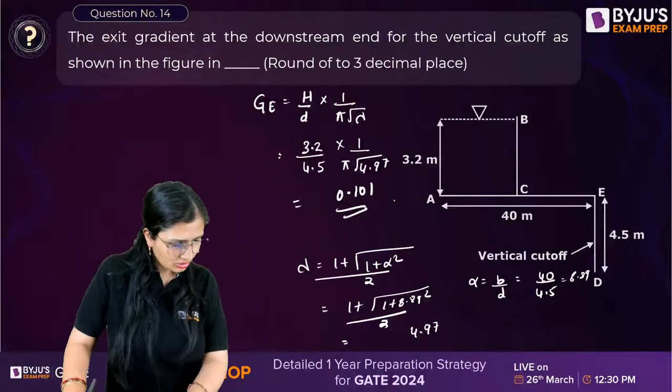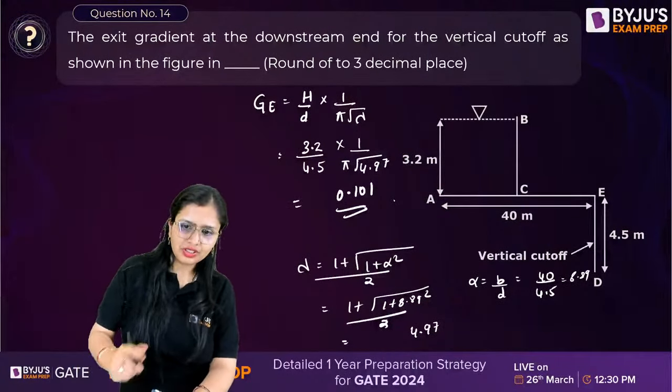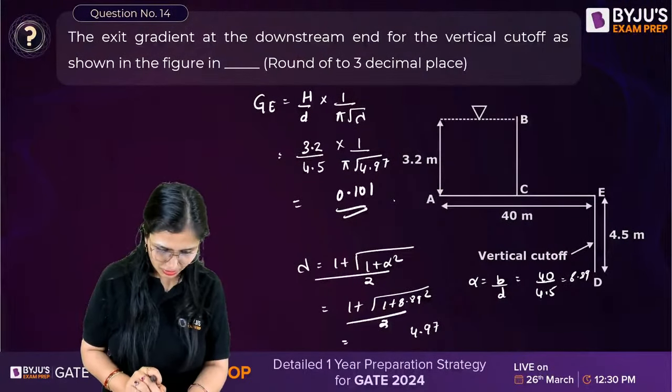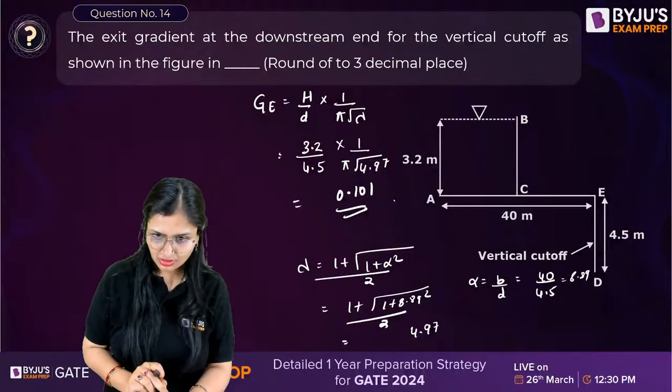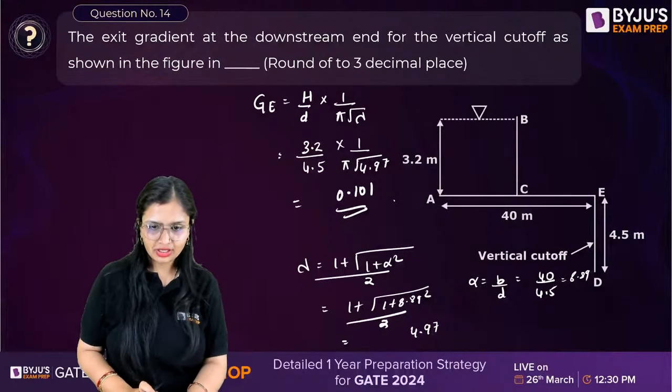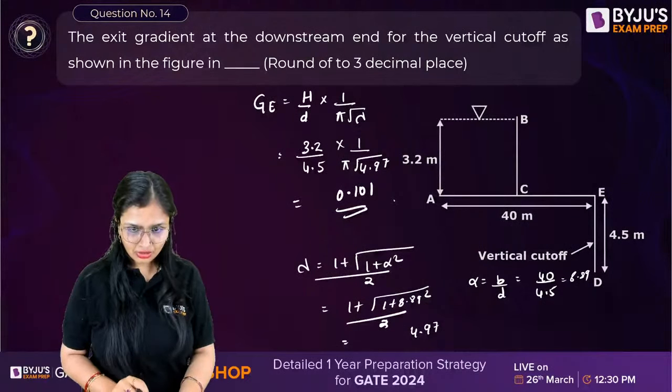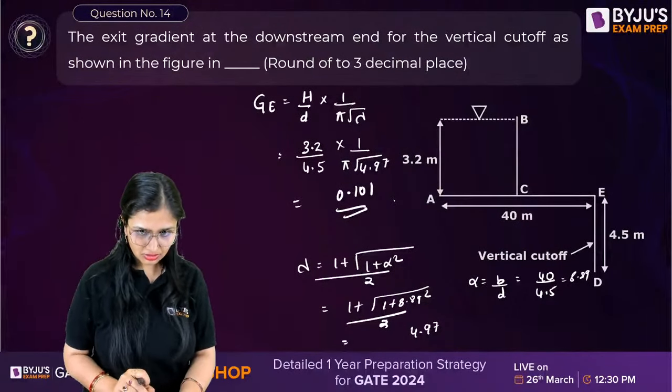Check it out. 0.101 is coming, nothing else. 40 divided by 4.5, 8.88, I took 8.89. You also check your calculation once.